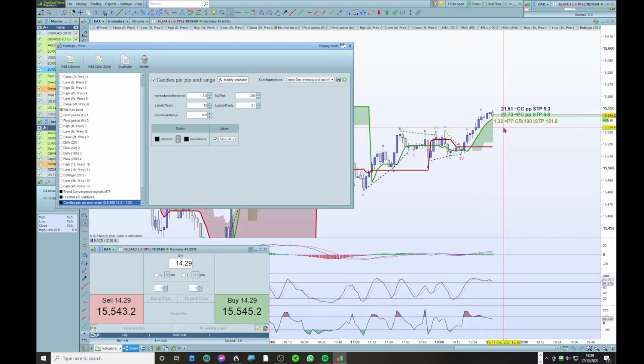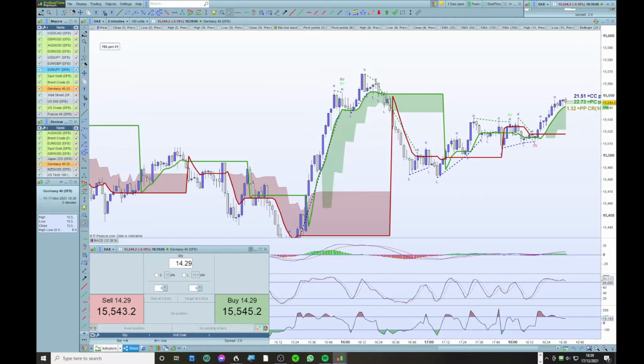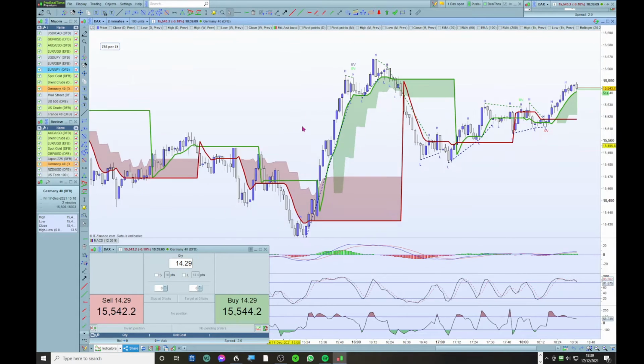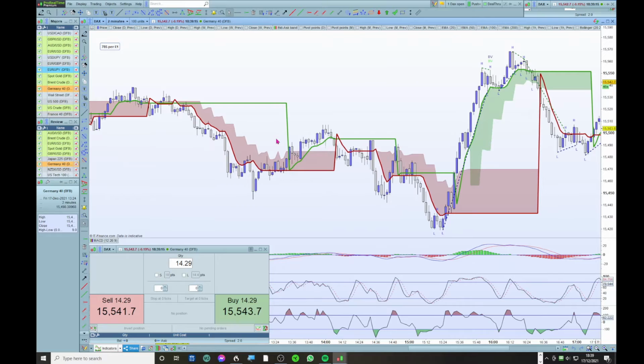If you've got a trend flow, for instance, let's just say you're trading, just move this out of the way, trading a trend flow. Let's just say, for instance, that I decide that this is a range that I want to trade here.